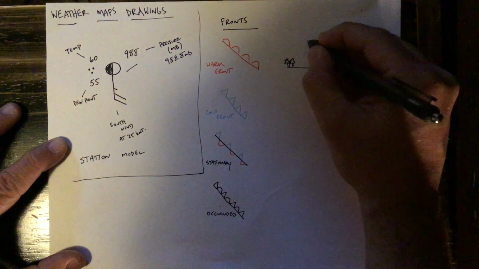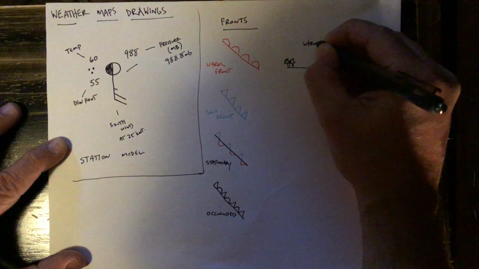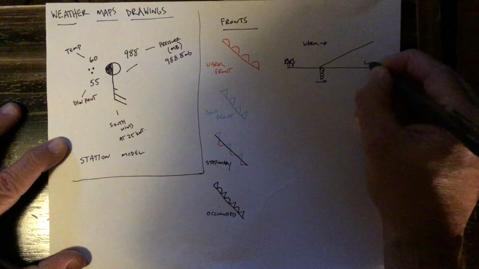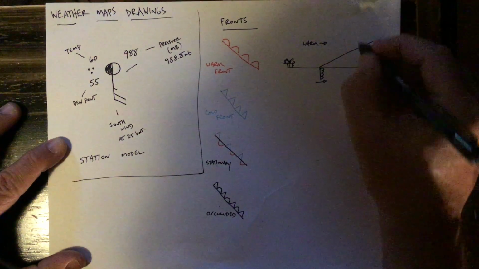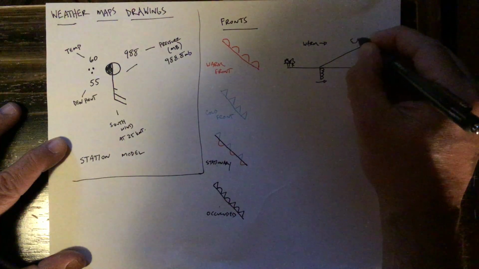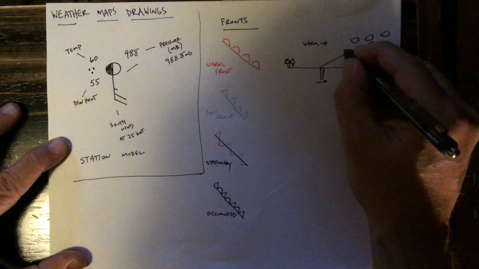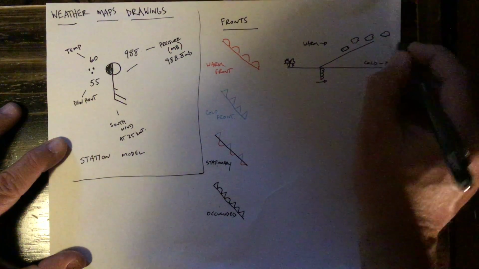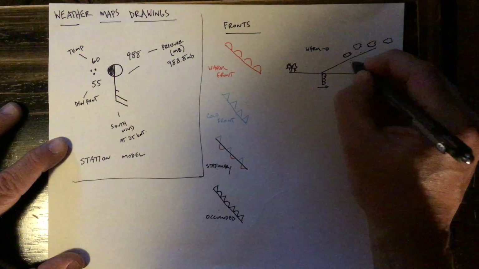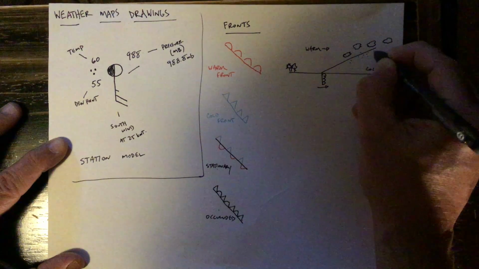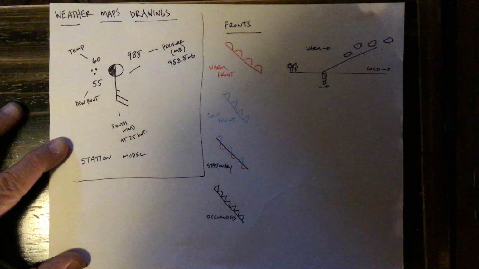And what you have is warm air overtaking cold air. And in front of the front, ahead of it as it's moving, you get clouds and maybe a little bit of precipitation. Often cirrus or stratus clouds, actually.